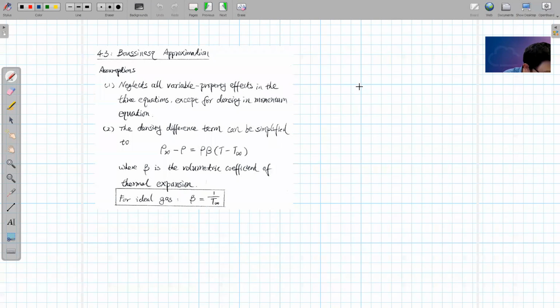If you're familiar with thermodynamics, this beta is derived from the definition in our previous thermodynamics class, defined as 1 over rho times partial rho, partial T, at constant pressure. Sorry, not partial p, partial rho.